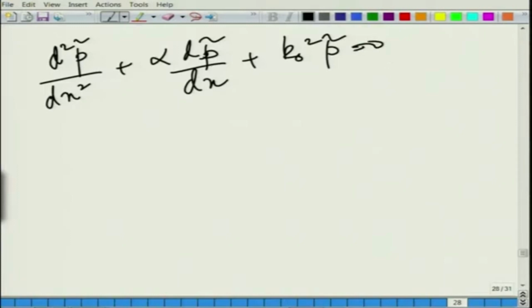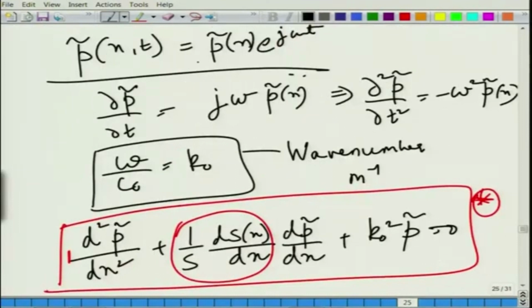So, now any guesses how do we go about solving for it? Note that p is nothing but A e to the power j omega t, which we already assumed the moment we considered a Helmholtz equation kind of a solution, e to the power j omega t.